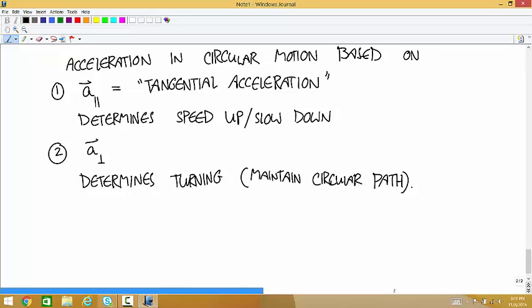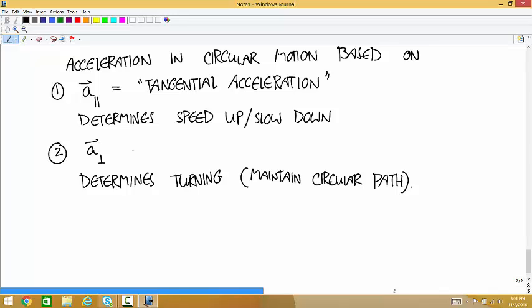And that name makes sense. It's saying the acceleration that's tangent to the path. And when we've thought about the parallel part of the acceleration in lab, we draw a tangent line, and we know that that parallel part is always tangent to the circle. So that name makes sense.